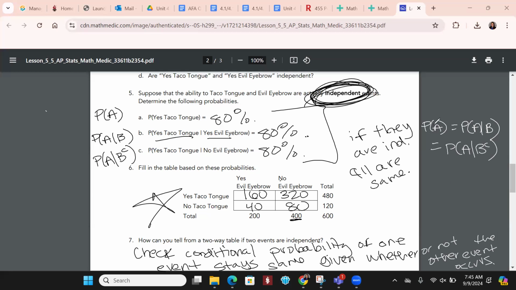So basically, here is your event. You need to test whether or not that event occurs given the other event. For those of you who are visual, you're using that formula.